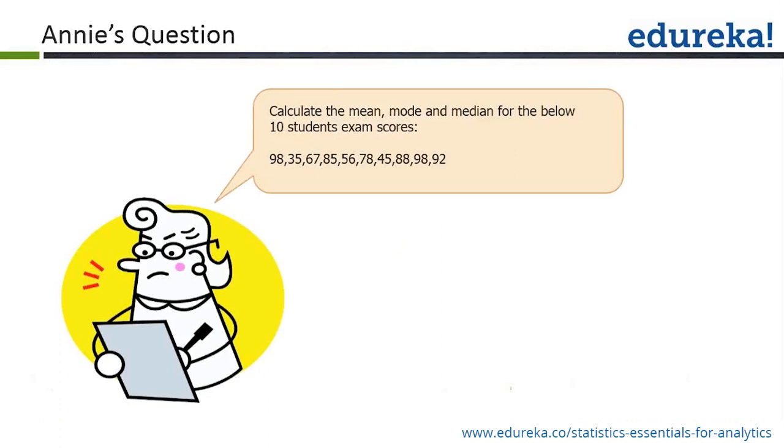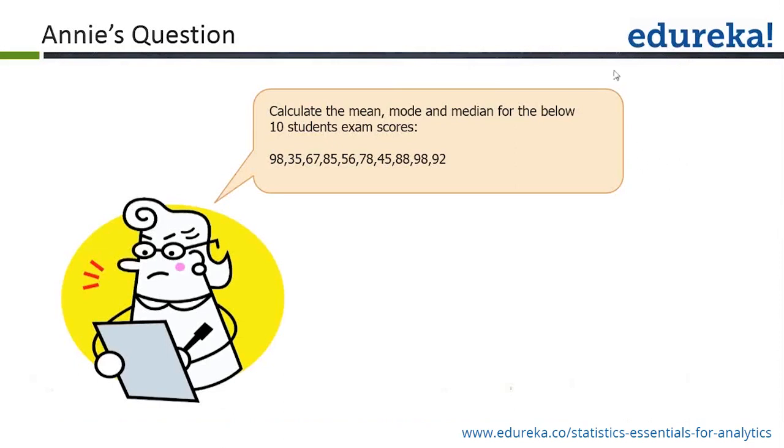Annie is asking us to find the mean, mode and median for the below 10 student exam scores. Assume that these are some scores obtained by students in an exam. We are supposed to compute the mean, median and mode for all the students.